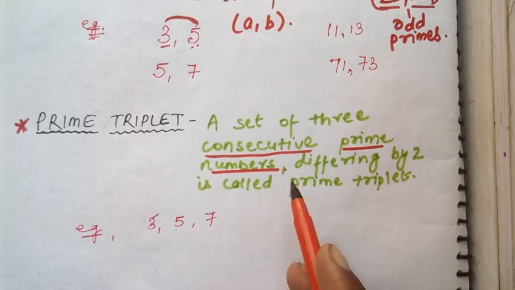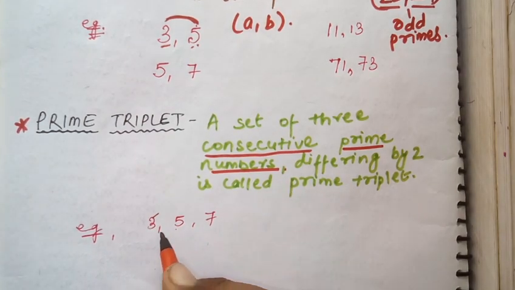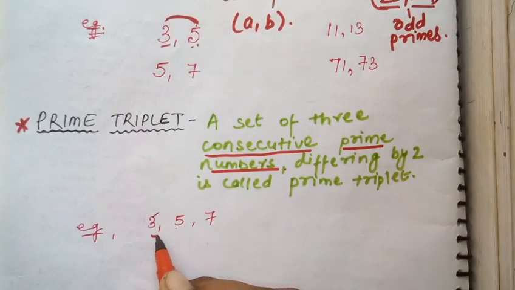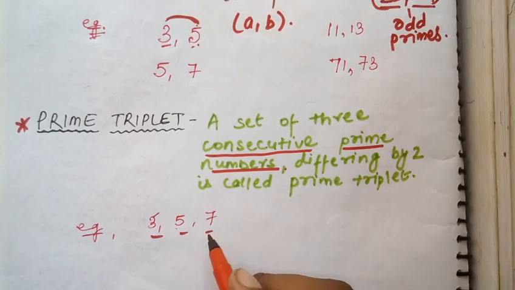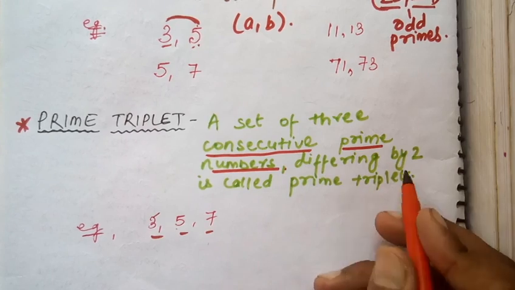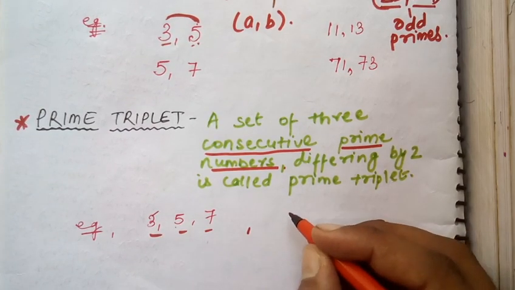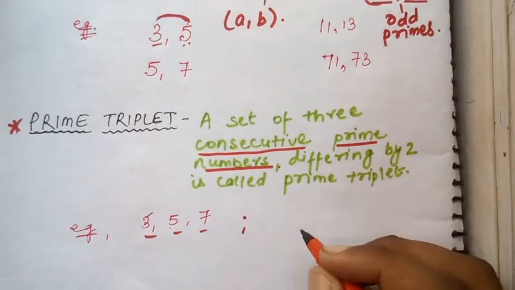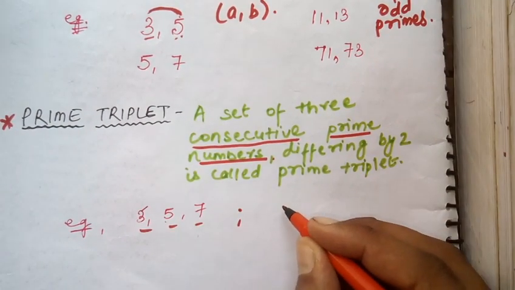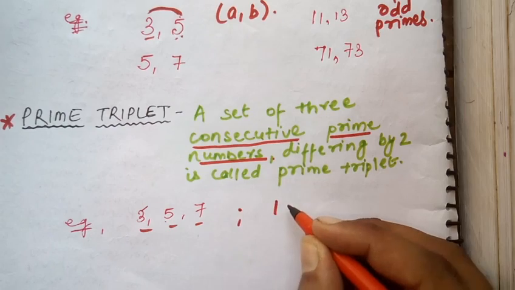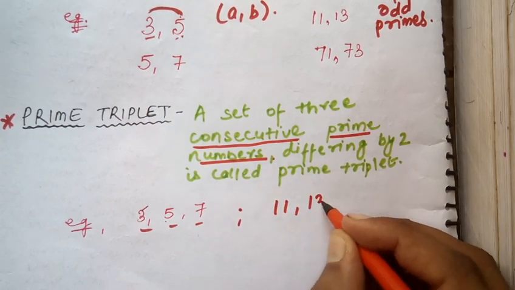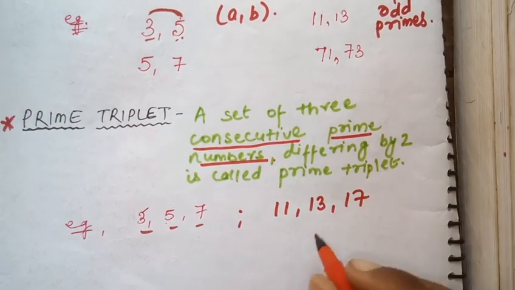So it is important for a prime triplet that the numbers should be consecutive prime numbers and they should differ by 2. We have a set of three prime numbers, just say 11, 13 and 17.